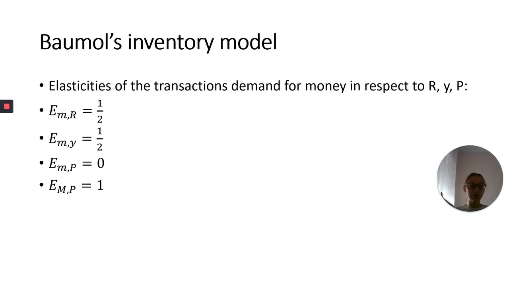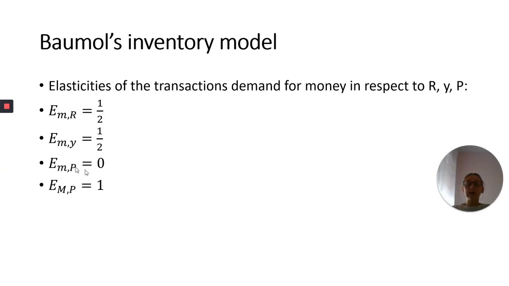And from the initial model, the estimated elasticity of demand for money to interest rate is 1/2, as well as the elasticity of money demand to income is 1/2, which means they are very similar. First of all, the changes of money demand due to changes of interest rates and income should be very similar.